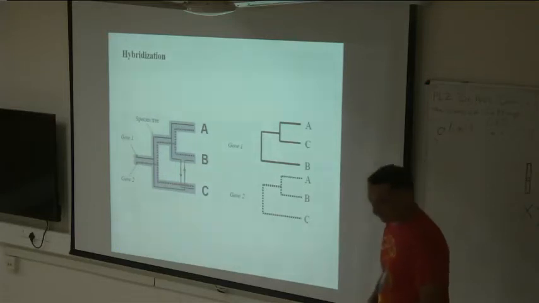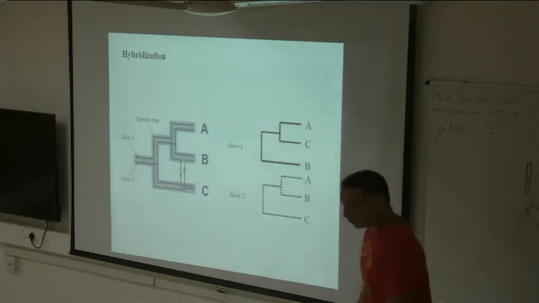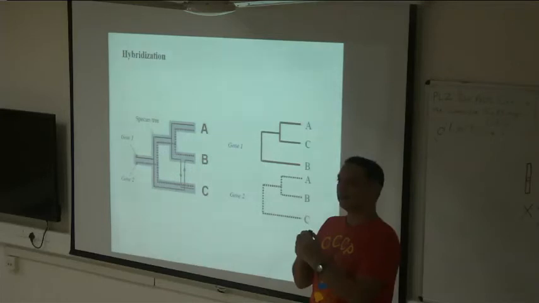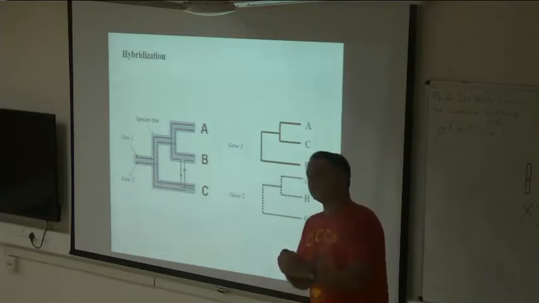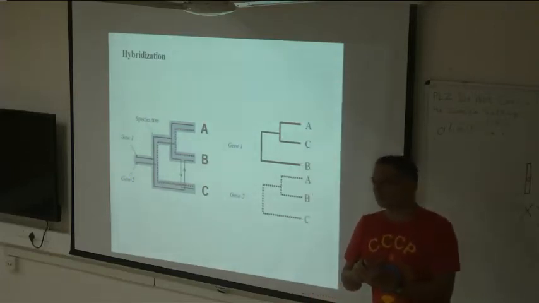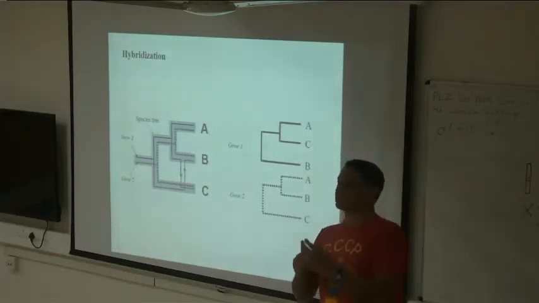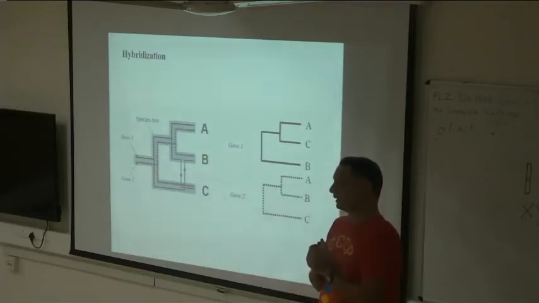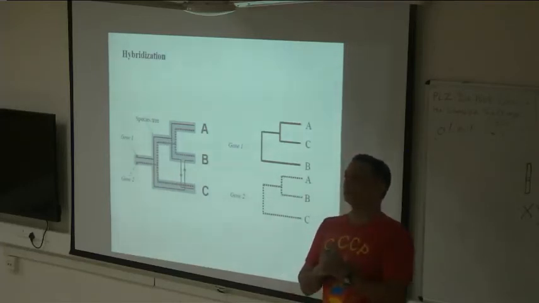That is. But what happens in case of a rapid radiation? Yeah, tell me. You might get mitochondrial DNA from B and C. Yeah, so mitonuclear discordance is one of the sort of indications of hybridization.